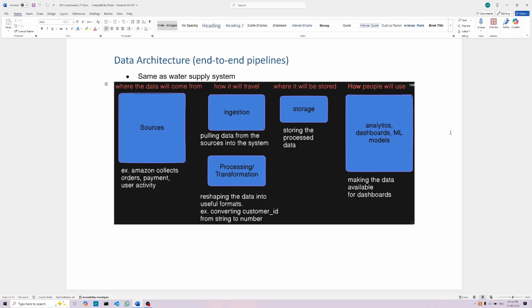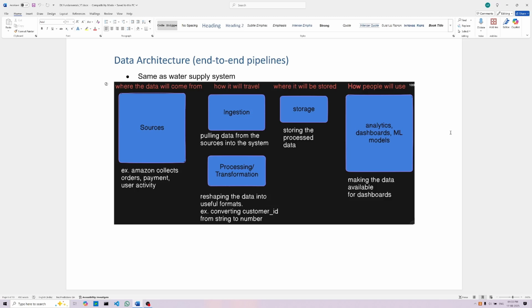There are two processes involved, ingestion and transformation. Ingestion is like pulling the water from the source, and transformation you can assume is filtering the water. Now third is how the water will be stored.